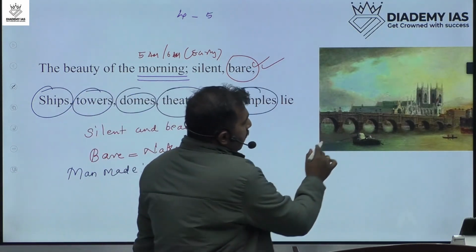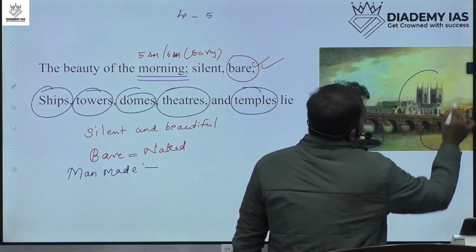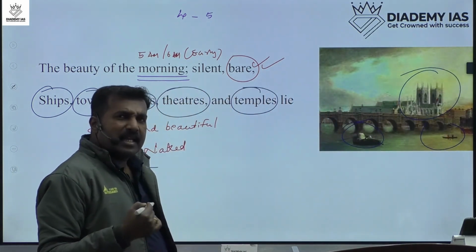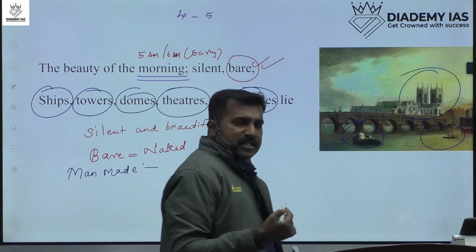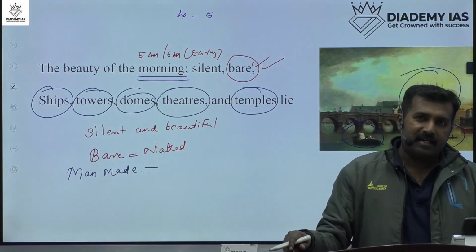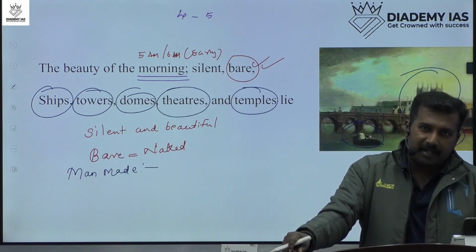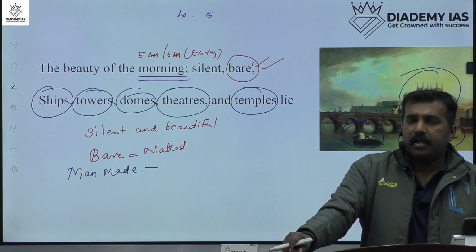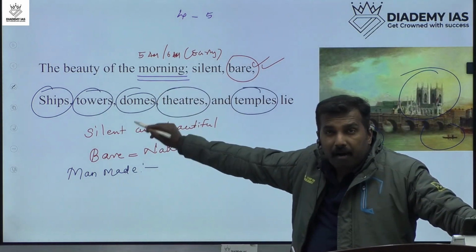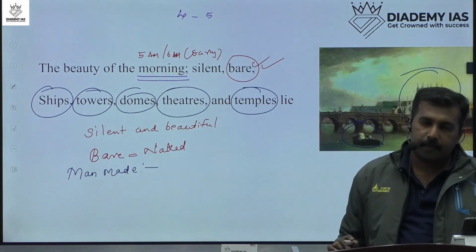All these are man-made. But actually, Wordsworth usually explains natural beauty like flowers, mountains, rivers, etc. But here, the poet explains man-made objects also.